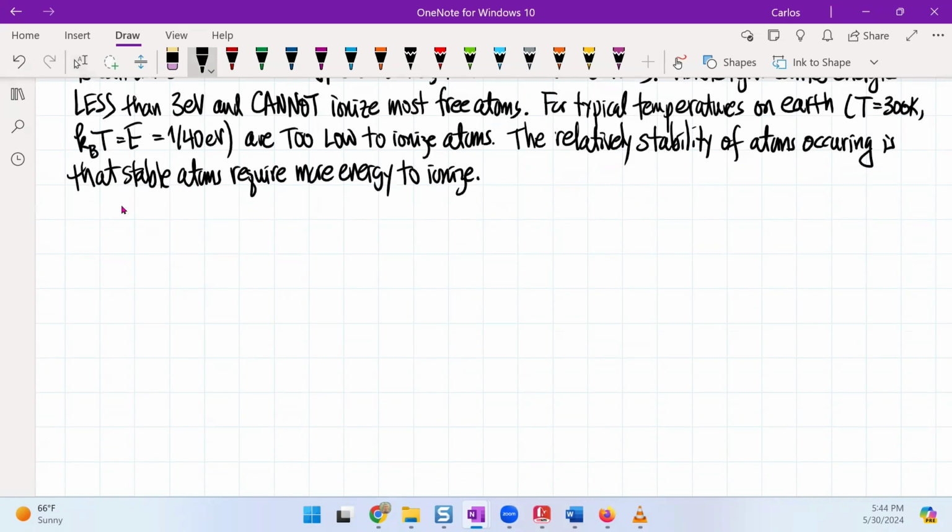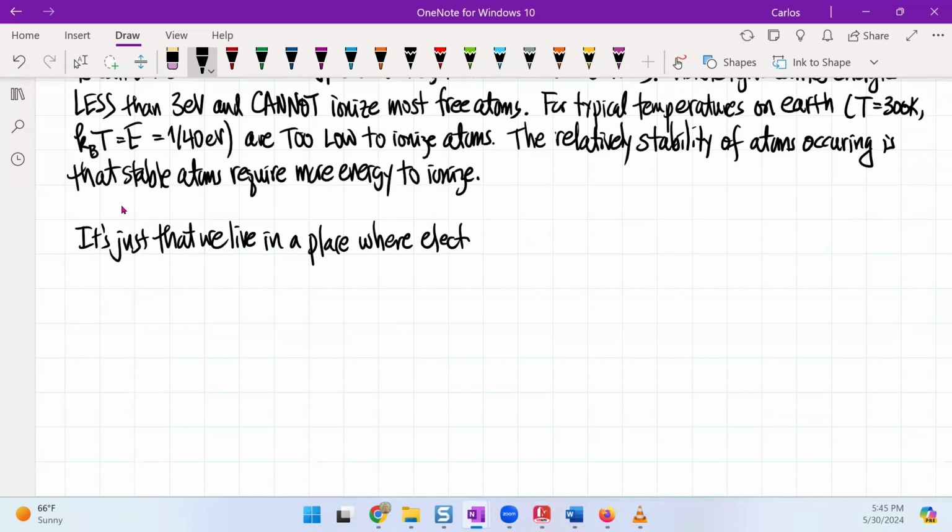So in other words, it's just that we live in a place where electron transfer is not common.